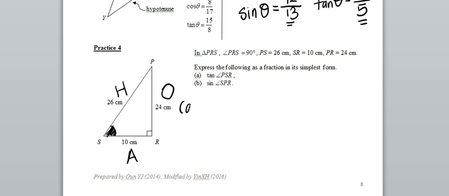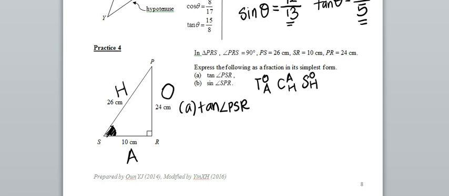So in this case, if I want to find tangent of angle PSR, let's recall our Trigo ratios. The Trigo ratios are given by TOA, CAH, SOH.